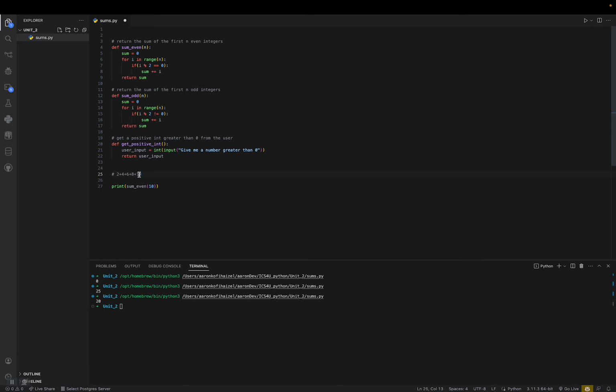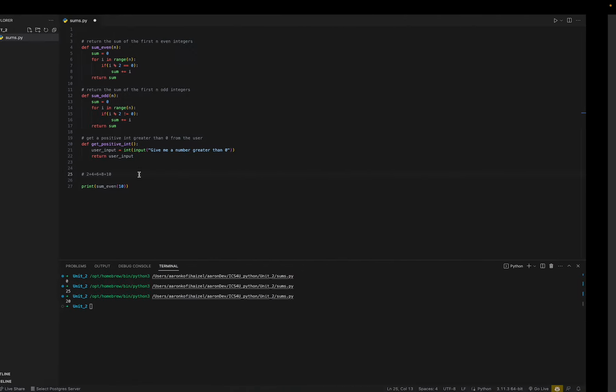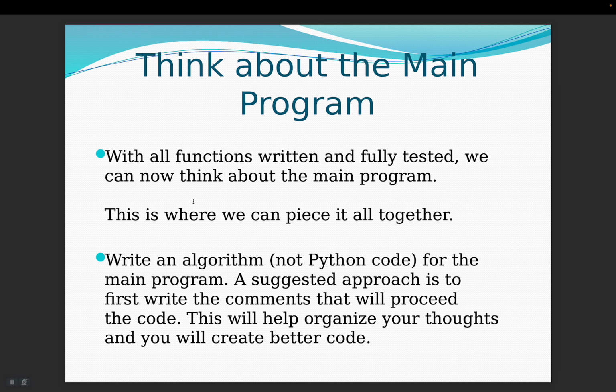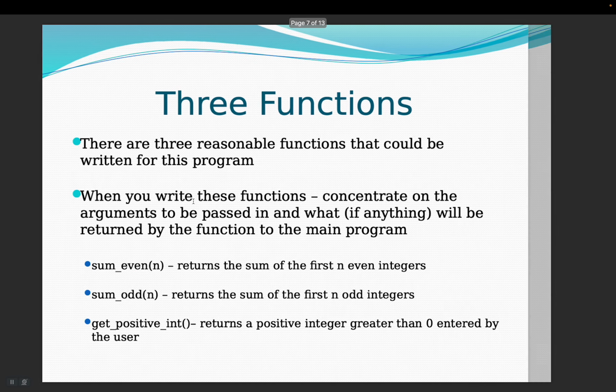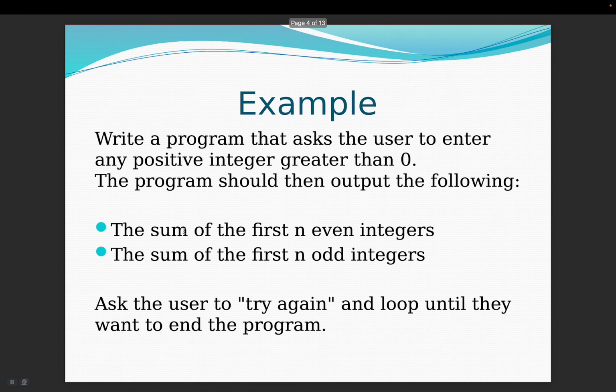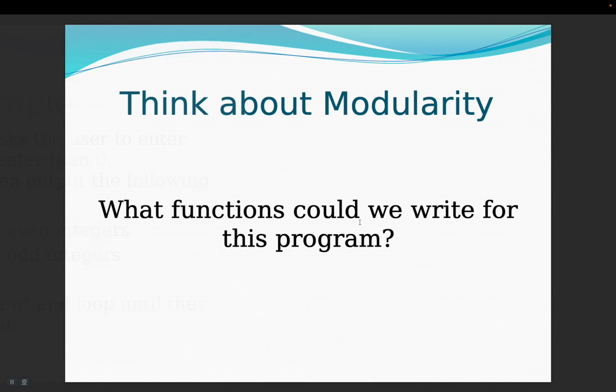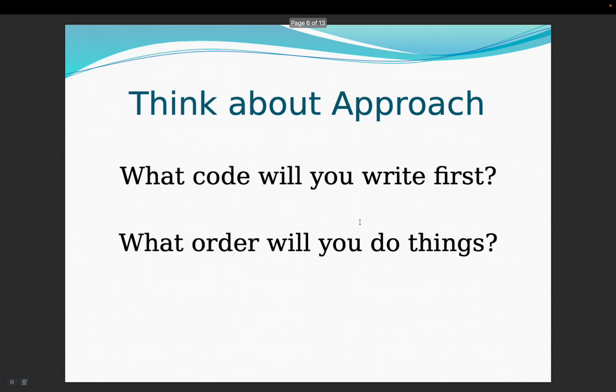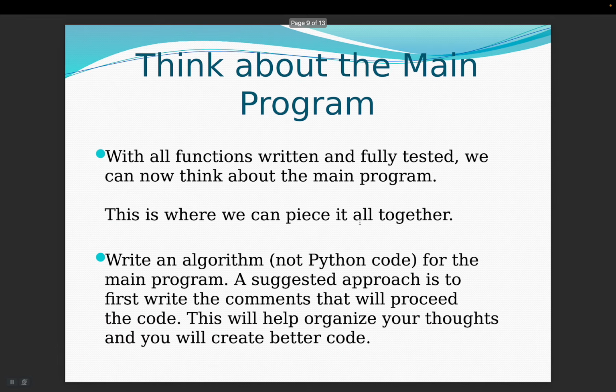So we've got to specify. Do we need to include 10? We've got to look at the requirements again, because little things like that are important. The sum of the first n even integers. Okay, so it should include the last number.